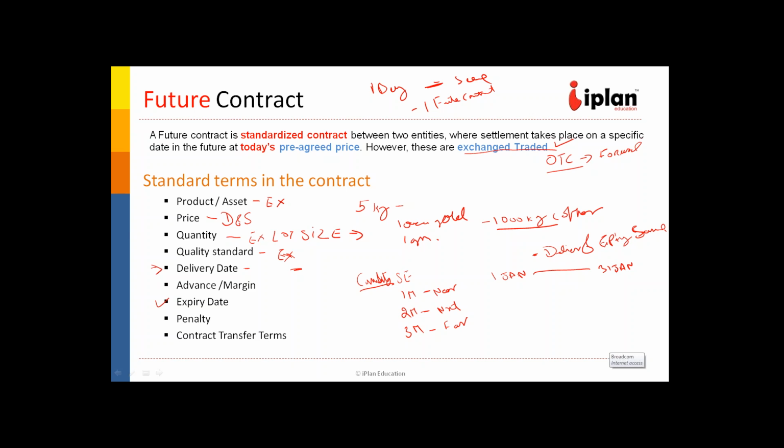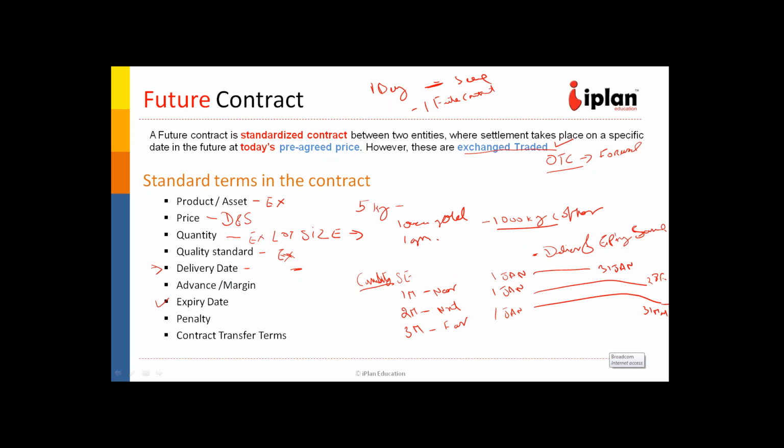On 31st January, this is going to expire. And the same on 1st January, they also start a 2 month contract, which is going to expire on, let's say, 28th of February. And they again start one more contract on 1st January, that is a 3 months contract. Okay, so let's say that's going to expire on 31st March.